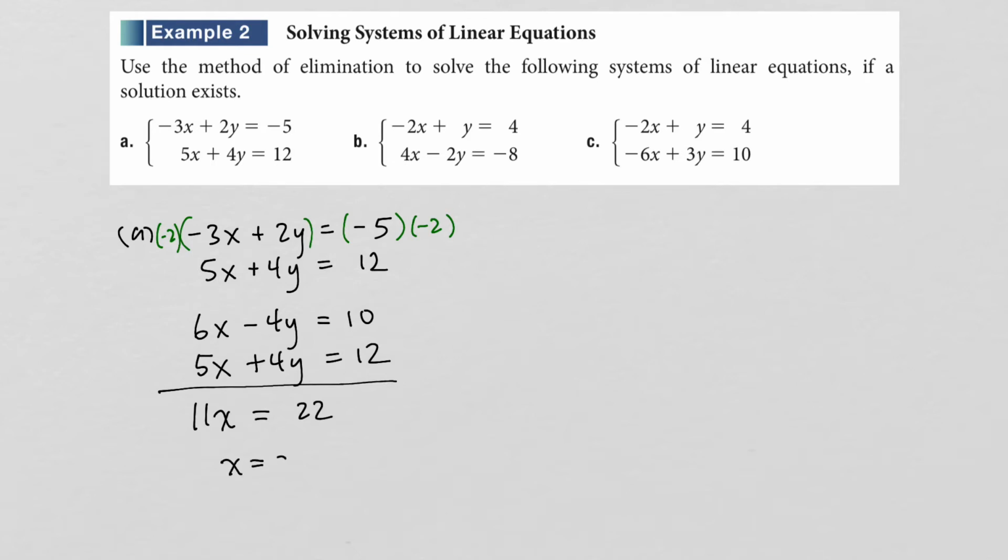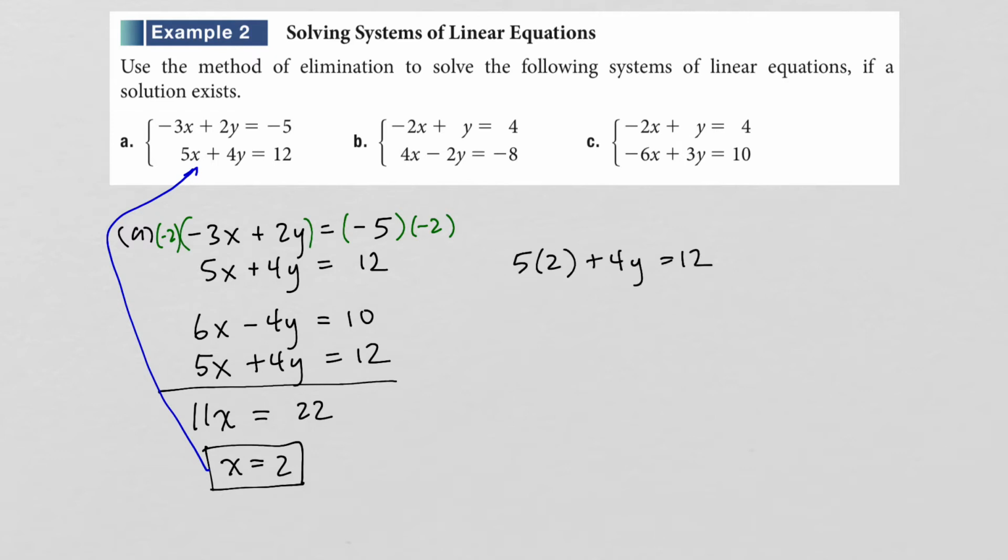Dividing by 11 gives us x is equal to 2. And now I can take x equals 2 and plug it into either one of these equations. I'm going to choose to plug it into the second equation because there's no negatives there, so it seems like it might be a little bit easier. So if x equals 2, we get 5 times 2 plus 4y is equal to 12.